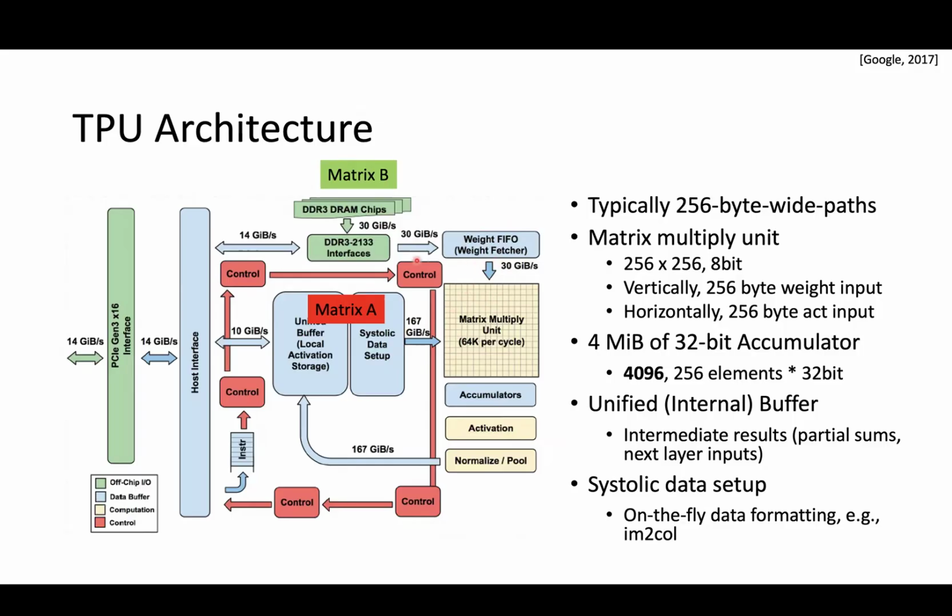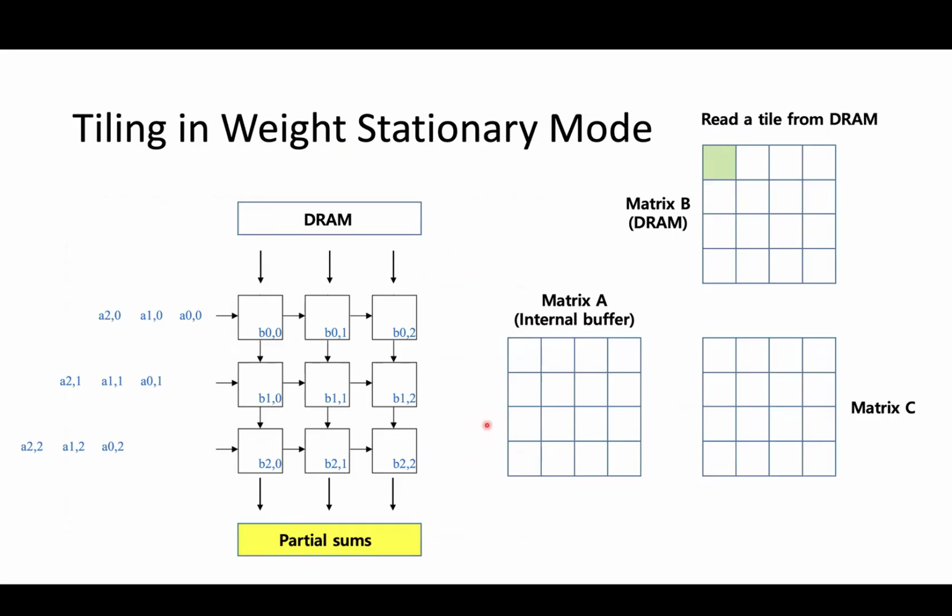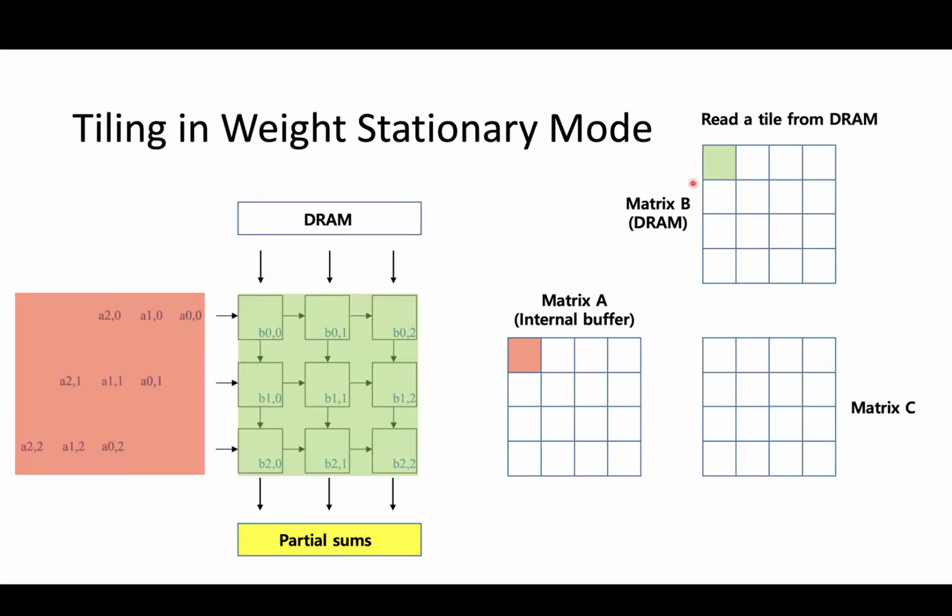That's why, in order to resolve the problem due to slow off-chip memory, we try to reuse the data we read from slow memory as much as possible. After reading one tile from slow DRAM, we try to reuse the tile data again. In this case, we use the same tile data 4 times.